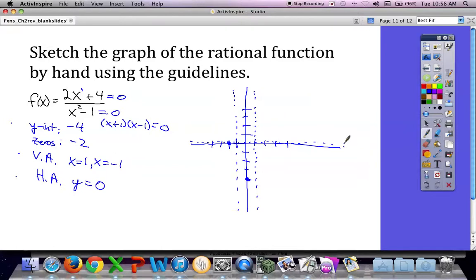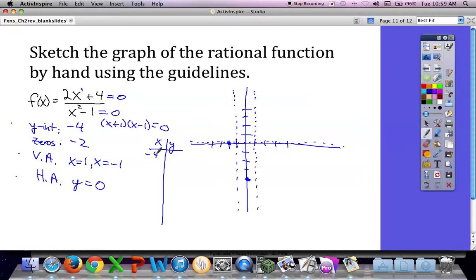And we've got to fill in some points. How many different pieces of graph are we going to have here? 3, right? Because there's 2 vertical asymptotes. So it's dividing it between one piece here, one piece here, and one piece here. So if I plot some points just to see where I'm going, I need to have something to the left of this 0. How about negative 4?